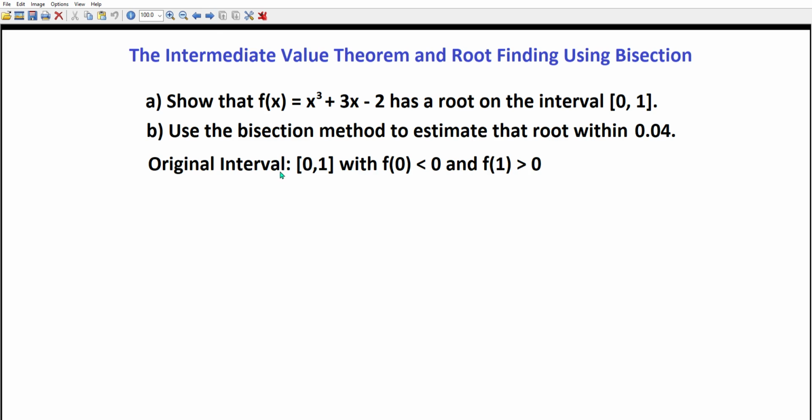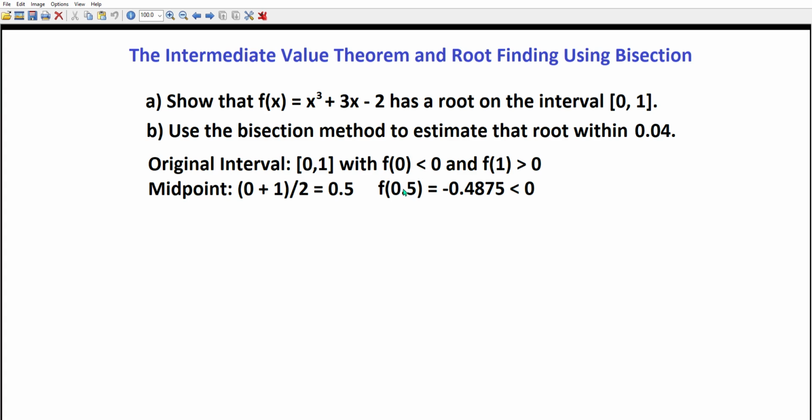The next step is to use the bisection method to estimate that root within 0.04. We already know that the left-hand endpoint 0 on this interval is negative, and the right-hand endpoint is positive. What we're going to do is look at the midpoint, which bisects the interval, and the midpoint is 0.5.